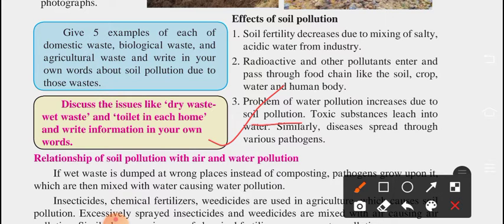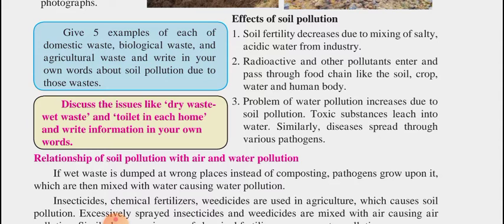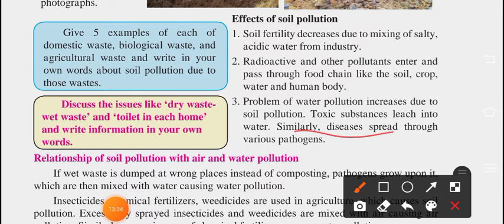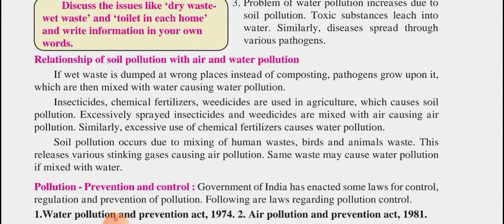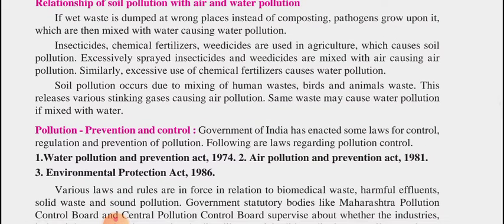Toxic substances leach into water. Similarly, diseases spread through various pathogens. Now here there is a relationship between soil pollution and air and water pollution. If waste is dumped at wrong places instead of composting, pathogens grow upon it, which are then mixed with water, causing water pollution.